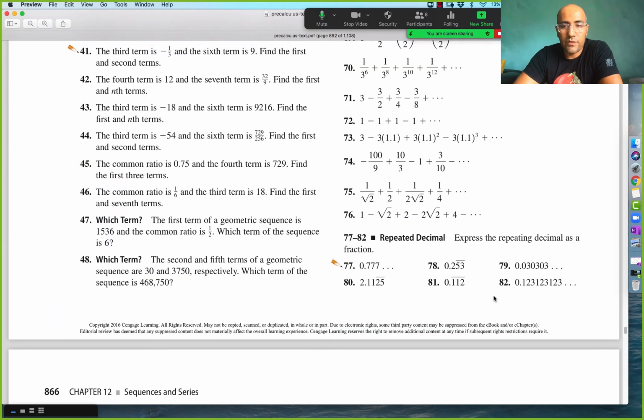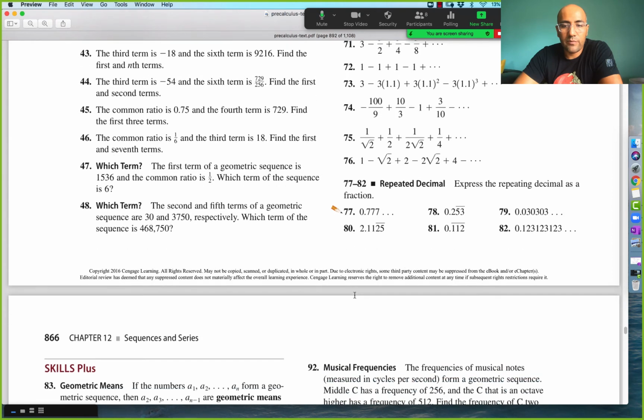Now let's try one of these examples. I really love these kinds of examples. How about number 80? Let's do number 80. Express the repeating decimal as a fraction. Let's do that one.